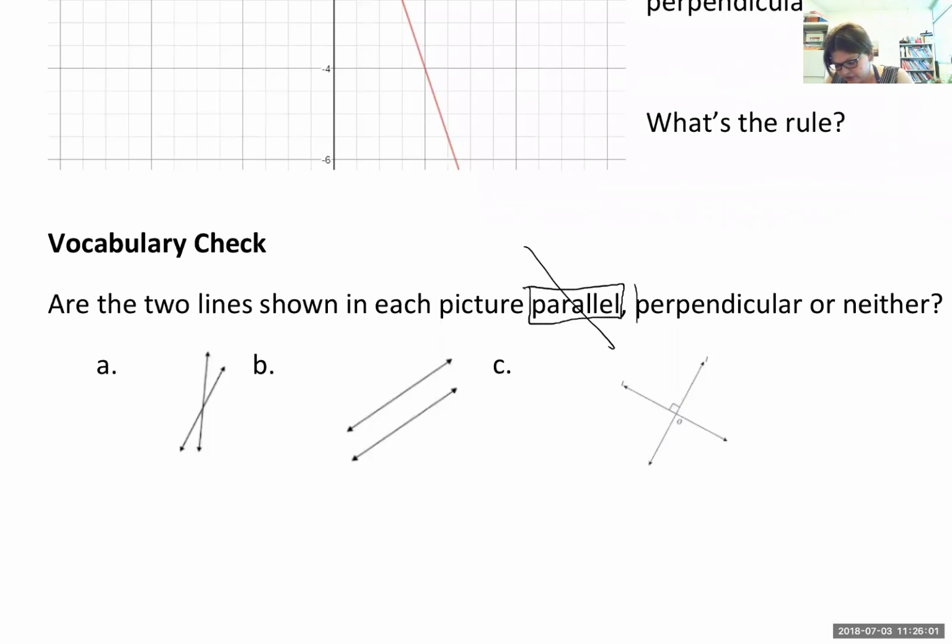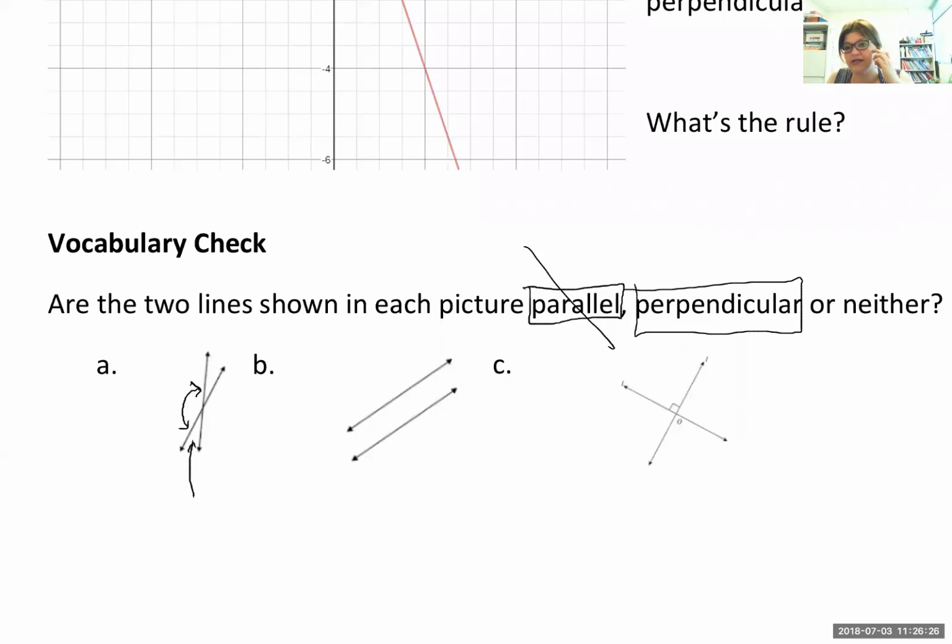Are they perpendicular? Well, two lines are perpendicular if they cross at those perfect right 90-degree angles. Look at this angle. That's a wide open angle, way bigger than you would want in the corners of your house. That is what we call an obtuse angle. It is not perpendicular. It's more than 90. And even here, that's an acute angle.